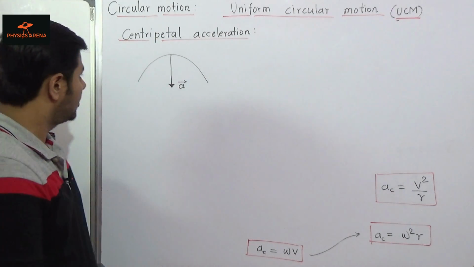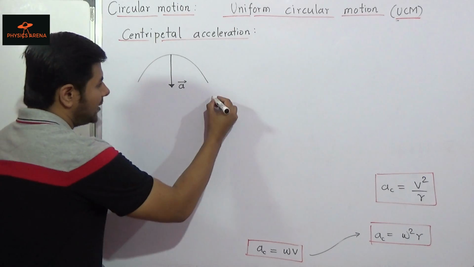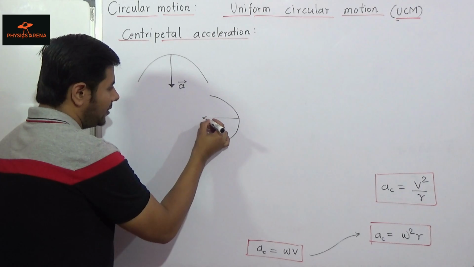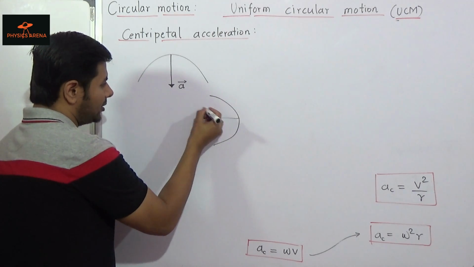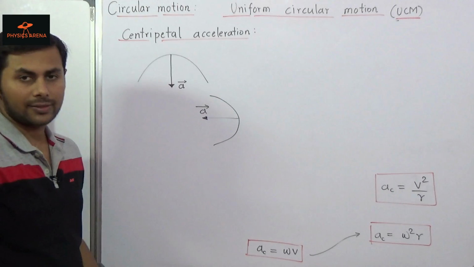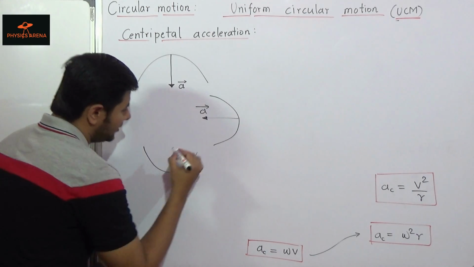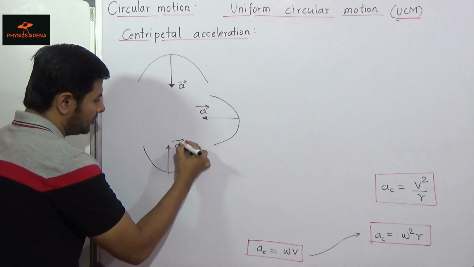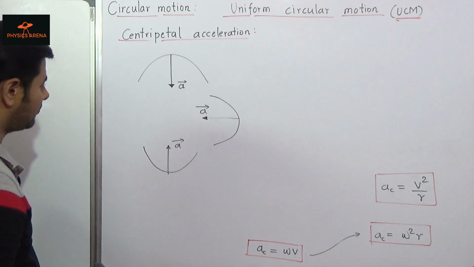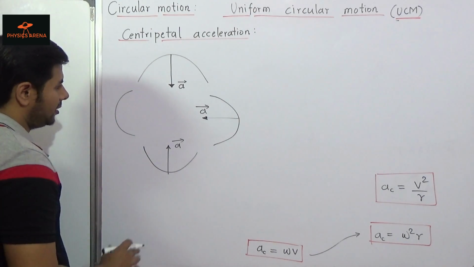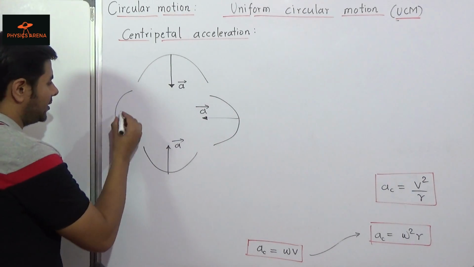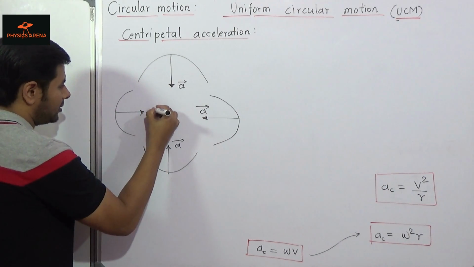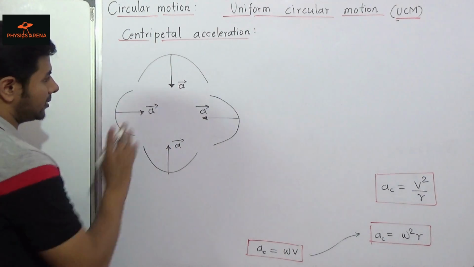Now if I rotate this by 90 degrees, I will get a path like this, and the acceleration would be directed like this. Again, if you rotate by 90 degrees, you will get a path like this, and the acceleration would be directed like this, upwards. And if we again rotate it by 90 degrees, then the path will look like this, and the acceleration would be directed like this.